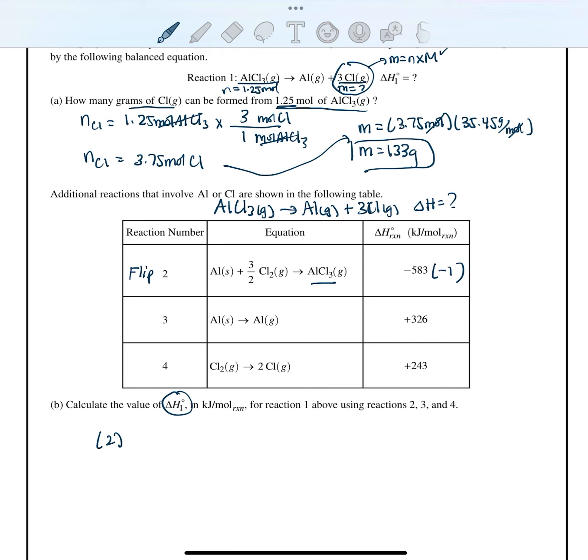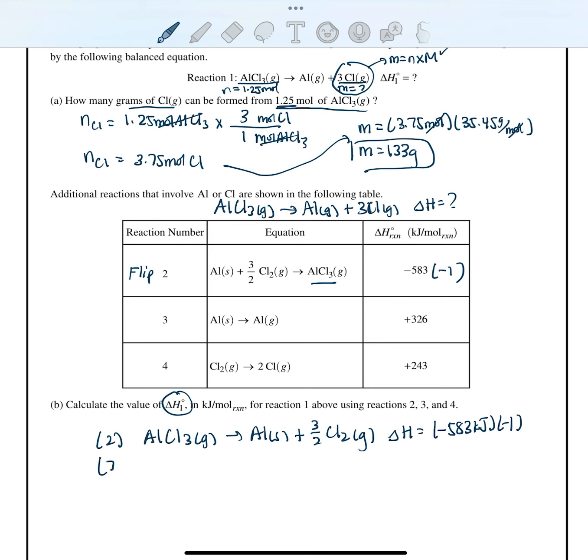Let me rewrite this so that we have clear work here. When I flip equation 2, I get AlCl3 produces Al solid and 3/2 chlorine gas. The delta H here is going to be -583 kilojoules times -1 because I flipped the equation, so it goes from exothermic to endothermic.